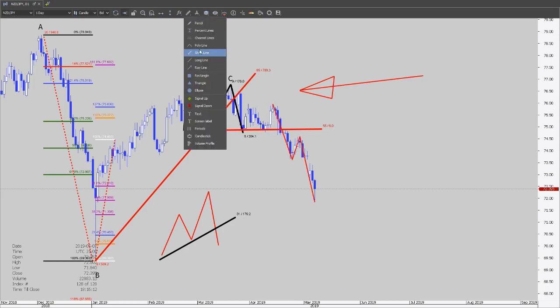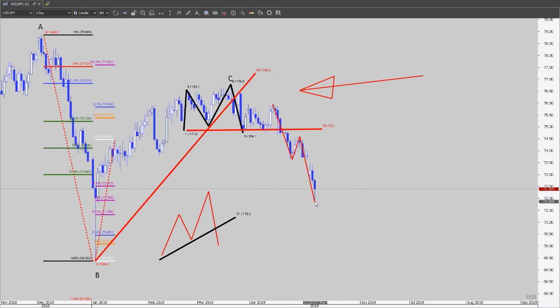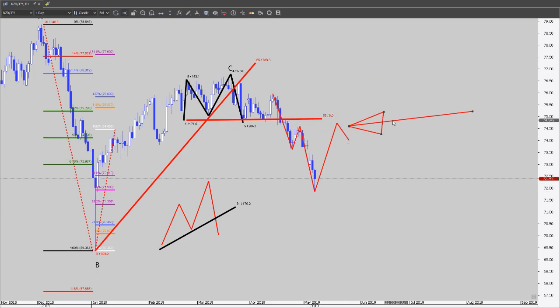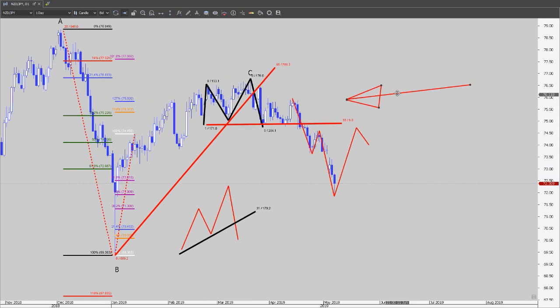Now if the market makes a higher high, don't you think it's time to pocket your profit, even though it's going to be small, and stay out or wait for another trading opportunity?